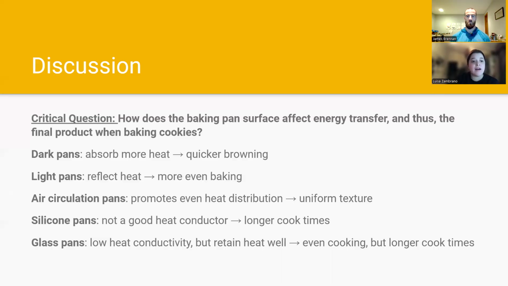And then we have the air circulation pans, which promote even heat distribution. And this leads to a more uniform texture since they help prevent hot spots. And in the results, these cookies, the air circulation ones, were the ones that weren't as brown on the bottom, and they were cooked more evenly.